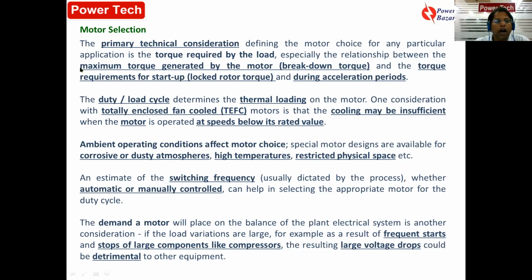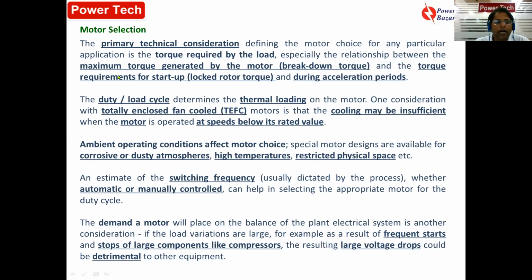Another one is the maximum torque generated by the motor, that is, at optimal frequency, at optimal speed, what is the maximum torque that can be generated. And the acceleration torque should be very smooth, particularly for a belt conveyor. It will avoid spillage of materials.